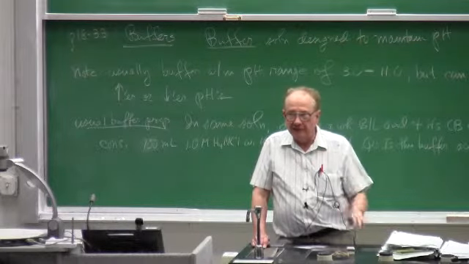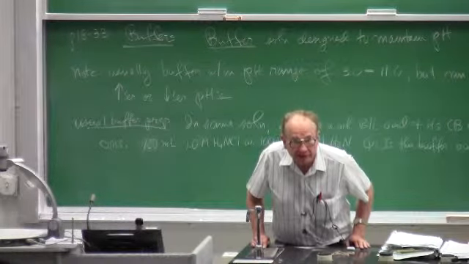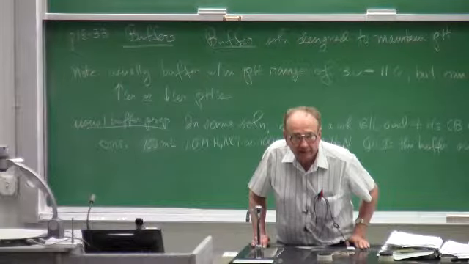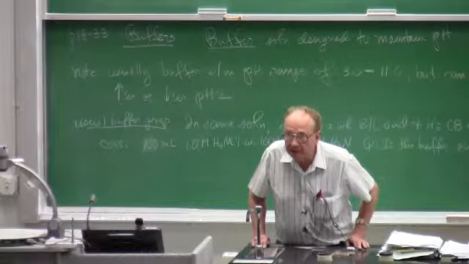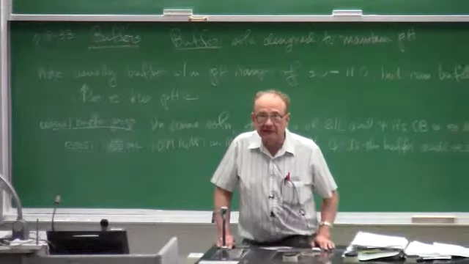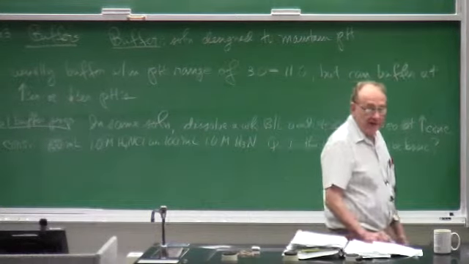Well, in your mind's eye, do you see the composition for the acetic acid acetate ion buffer? If you put hydronium ion in there, or if you bubble in HCl, will the HCl react with water to make hydronium ion? Because if it does, the pH is coming down dramatically.